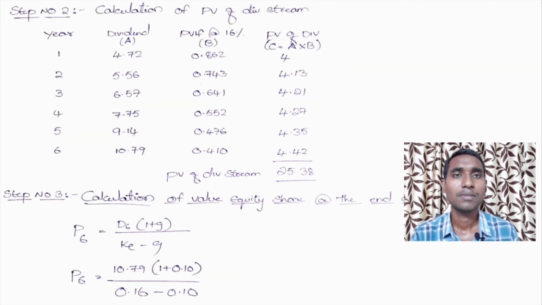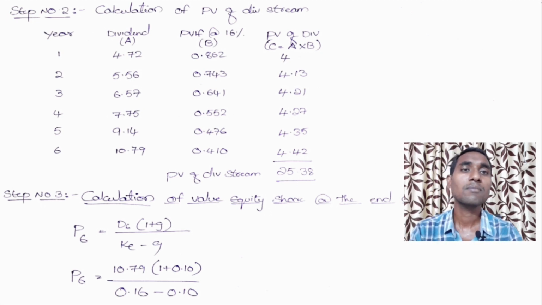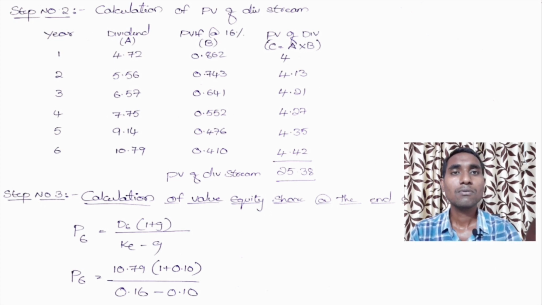The next step is calculation of the PV of the dividend stream. We have found the dividend stream in the earlier step. Now in this step we solve for the present value of the dividend stream. What do we mean by present value? We will use some table values to find this.